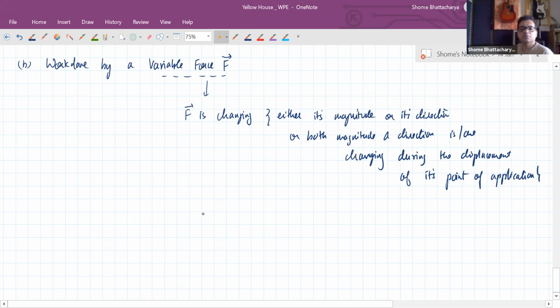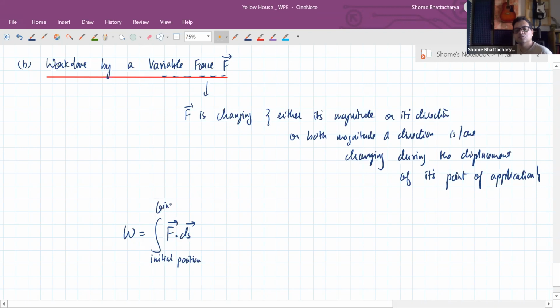We'll look at physical examples of this also, but in such a case, the work done by the force is given by a more complex definition, and that work done is given by the definition that it is integration of F dot ds from initial position to the final position.